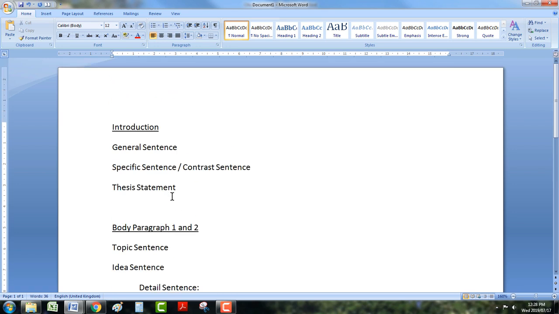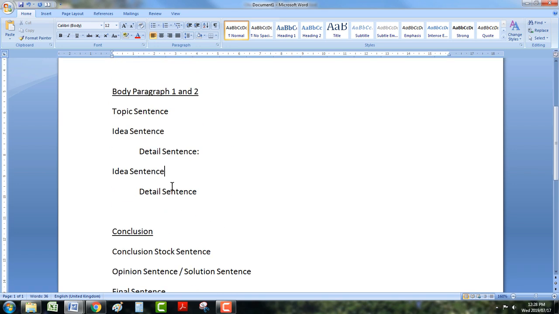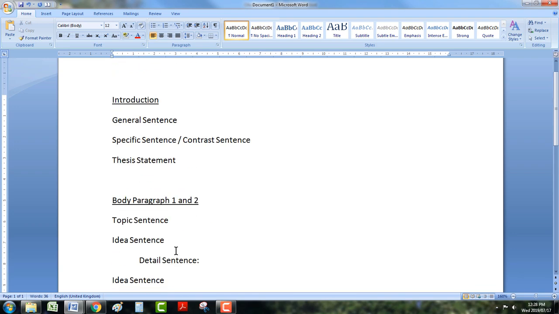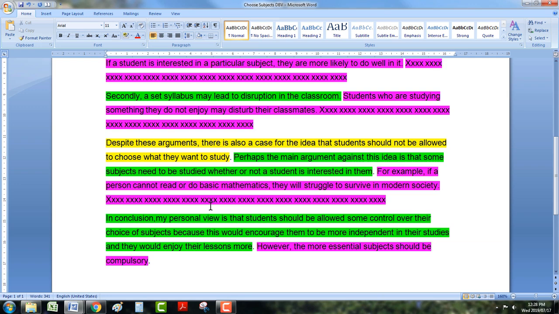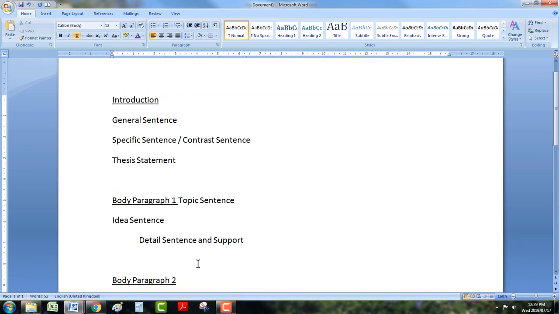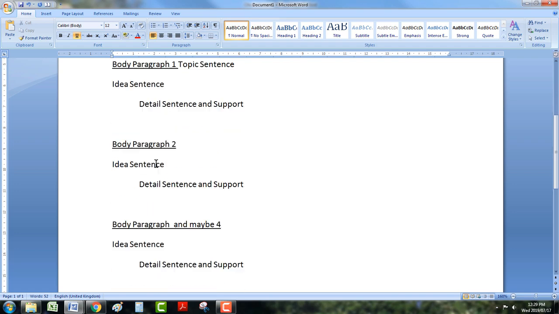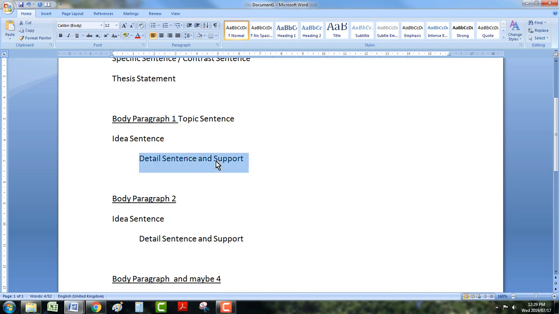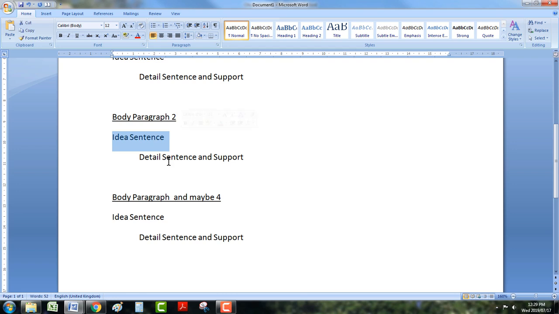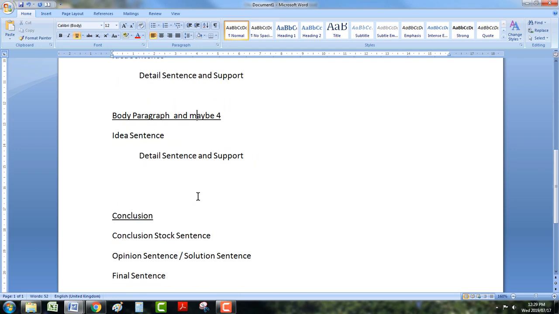Alright, so once your grammar is under control, once your structure is really under control, you're not making any mistakes with any of these sentences, then move on to something like this, which would look the same over there, but then you've got 3 or 4 body paragraphs and you've actually done a lot more development of each idea in each paragraph and probably taken that out.